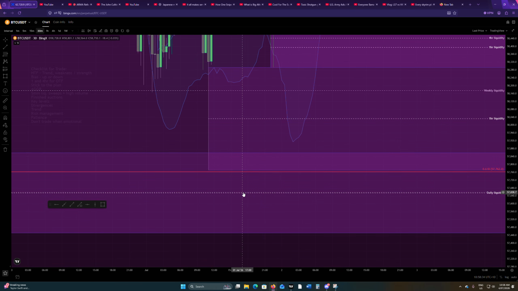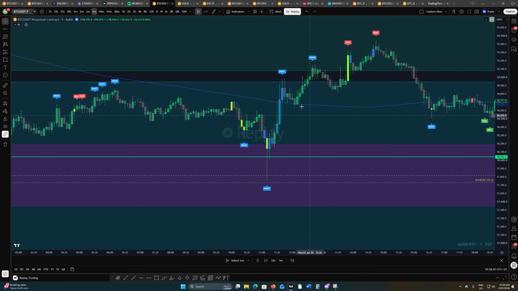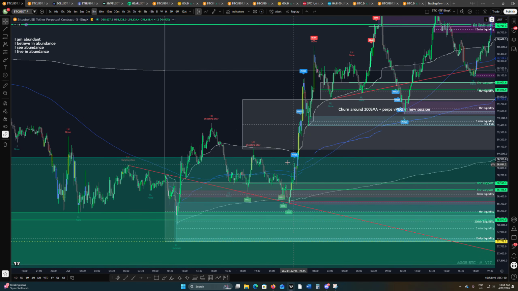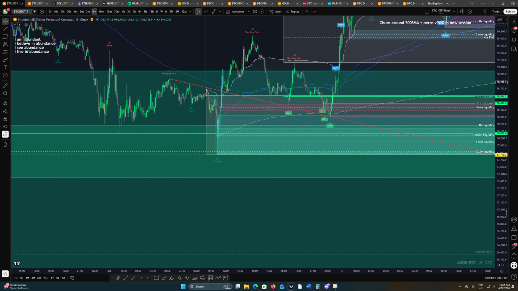And the daily liquidity, strangely enough, was not represented on the BingX chart versus Bybit, and also the normal TradingView BingX chart, which is wild.